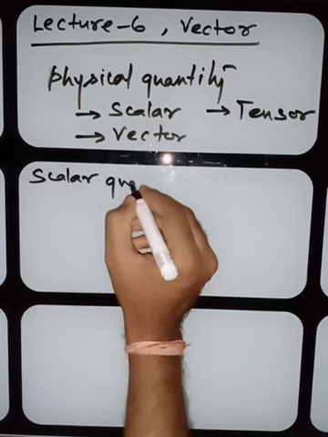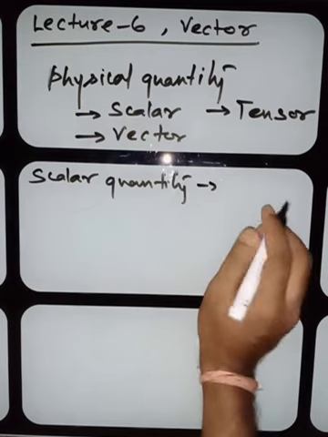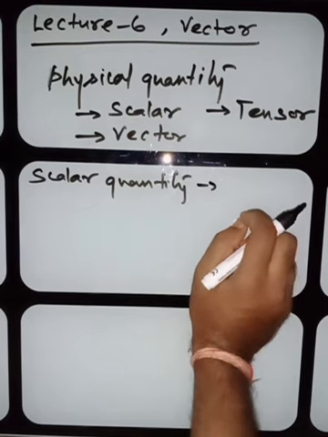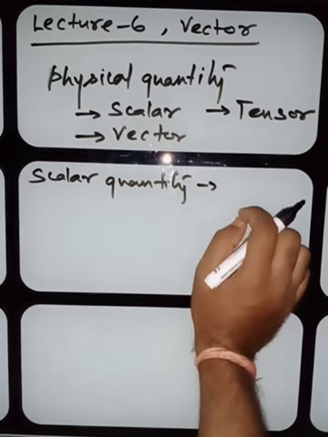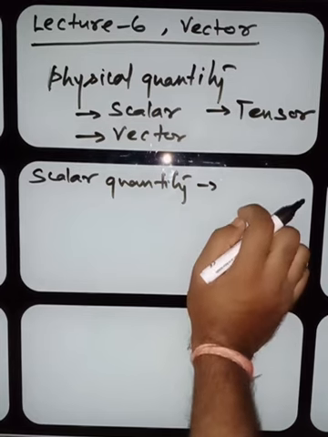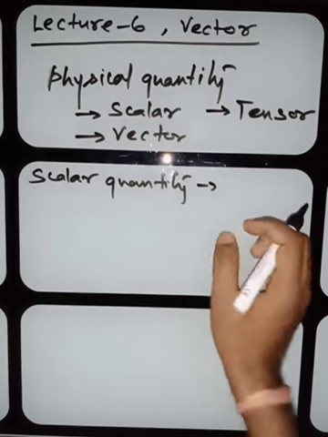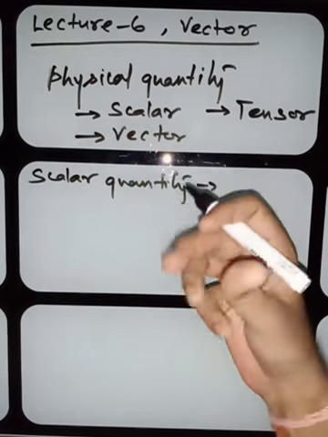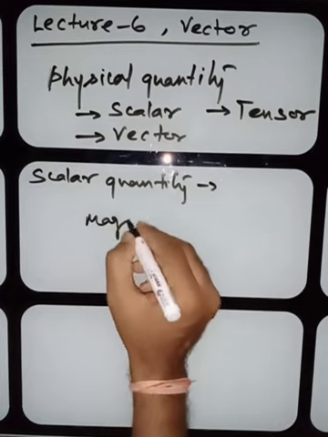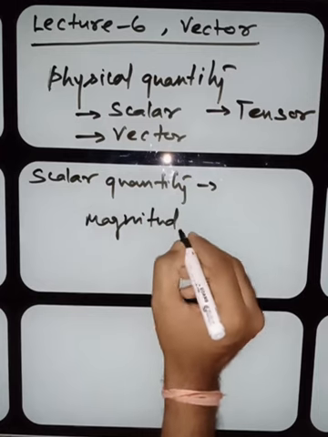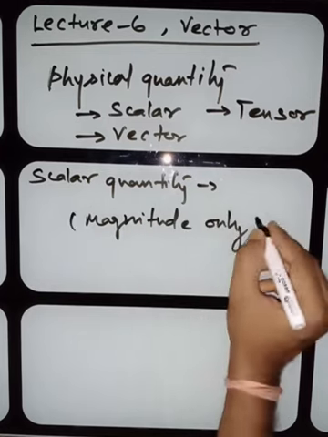Scalar quantity. My dear students, you can write the definition of scalar quantity, although you know very well the definition of scalar quantity. Remember, scalar quantities consist of magnitude only. Alright, it has magnitude only. This is very important.